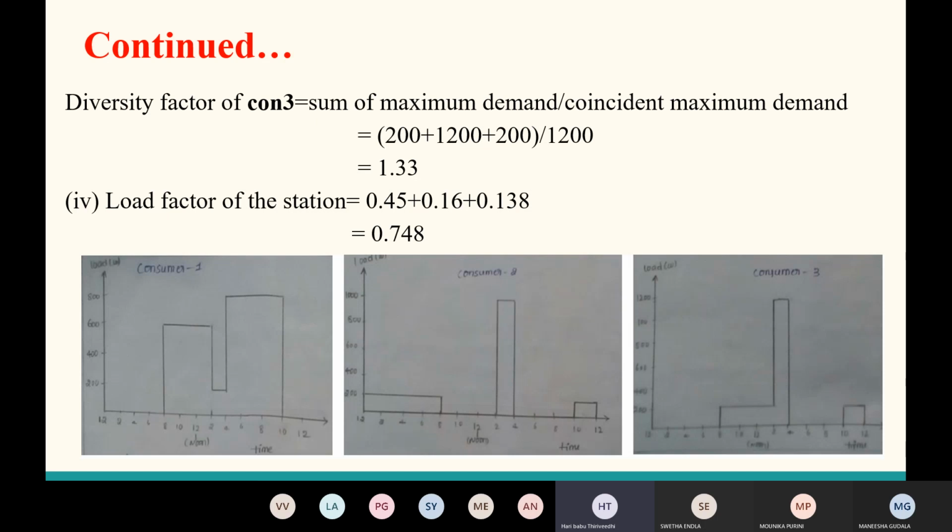So station load factor equals 8,800 plus 4,000 plus 4,000 divided by total maximum demand 2,400 into 24, that is equal to 0.291.